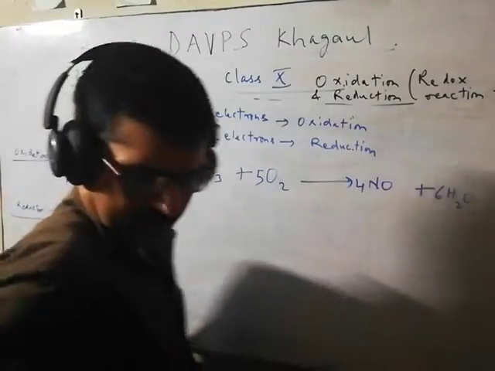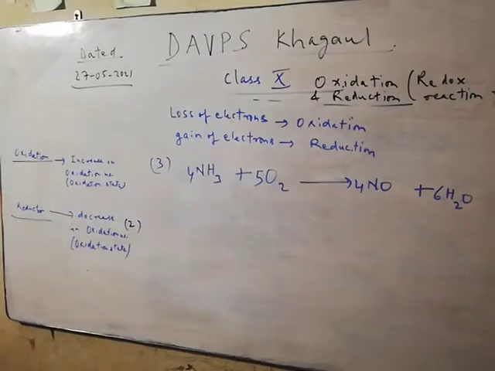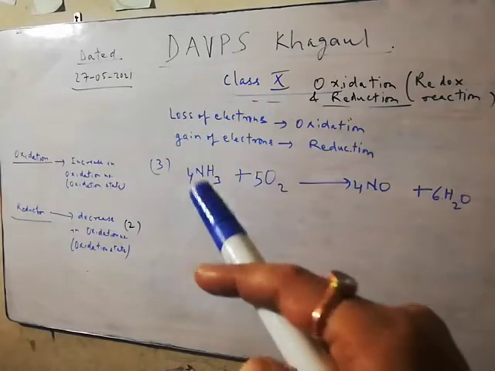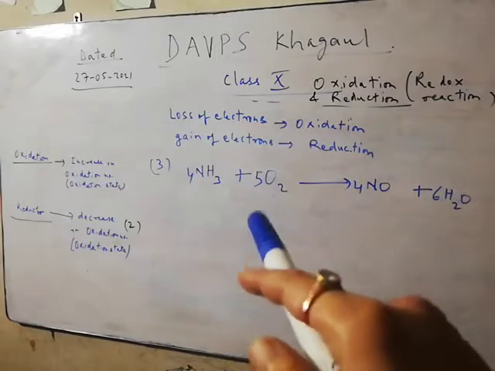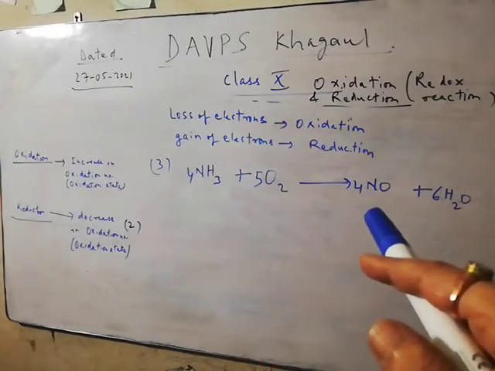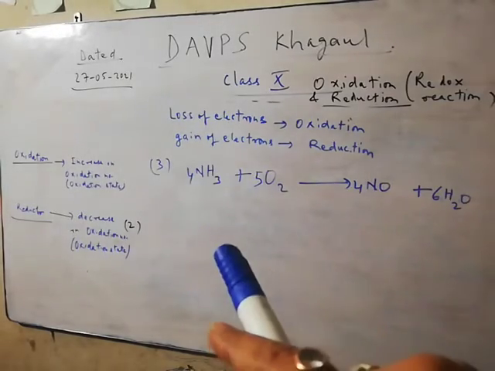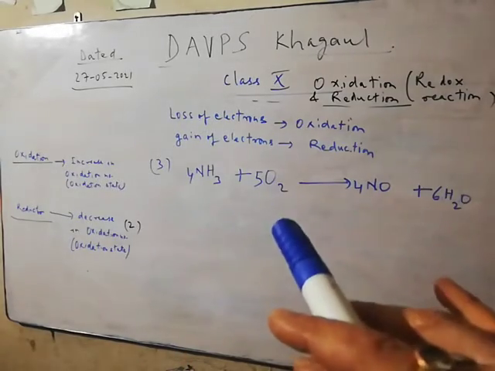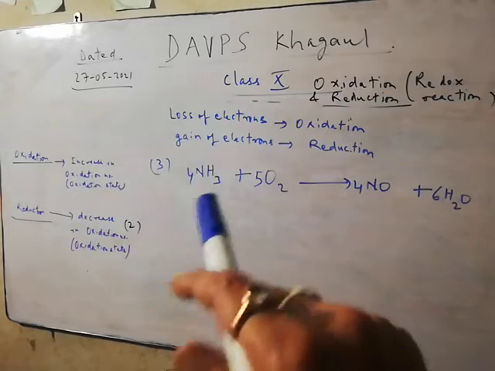Now see this reaction, all of you. Here we have to decide oxidation and reduction. Ammonia NH3, you know the chemical formula for ammonia, when it reacts with oxygen, we obtain nitric oxide NO and water. So you tell me, which is being oxidized and which is being reduced.